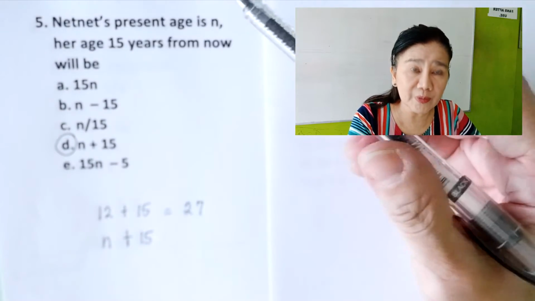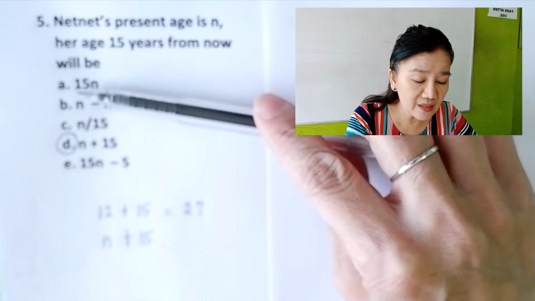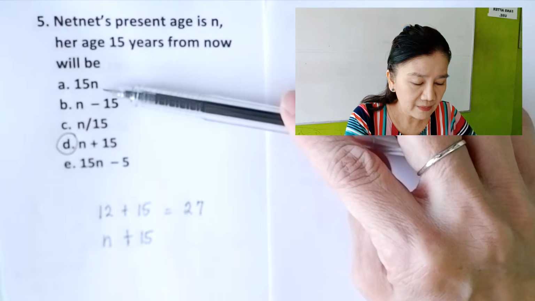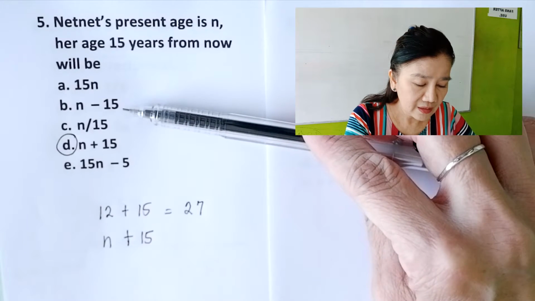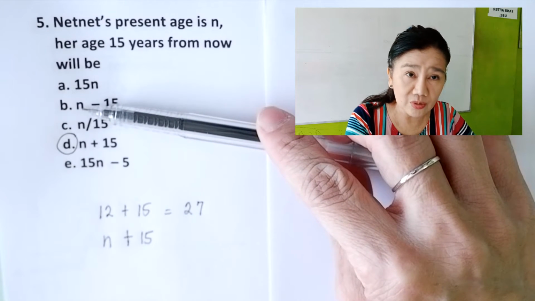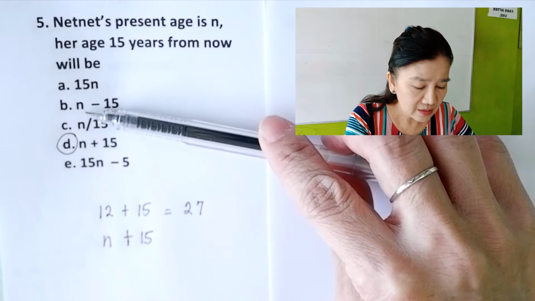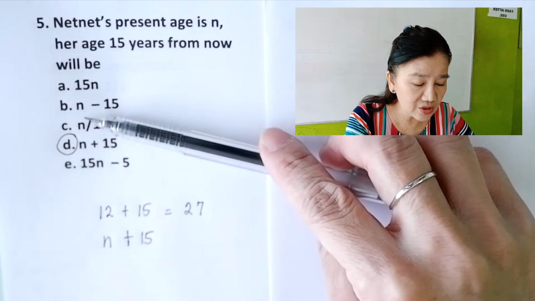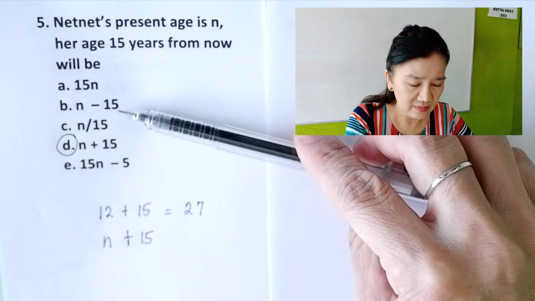Now let's interpret the others. How do we interpret letter A? 15 times Net's present age. Letter B, 15 less than Net's present age, or Net's present age minus 15, or the age of Net 15 years ago.